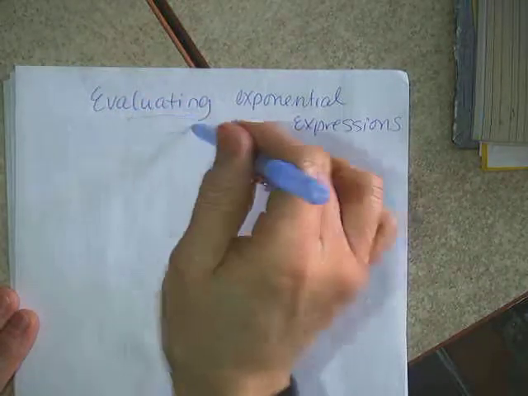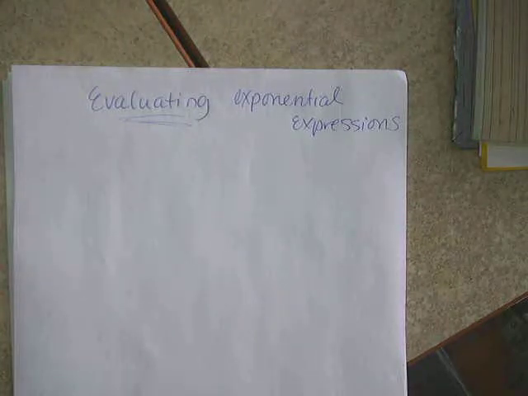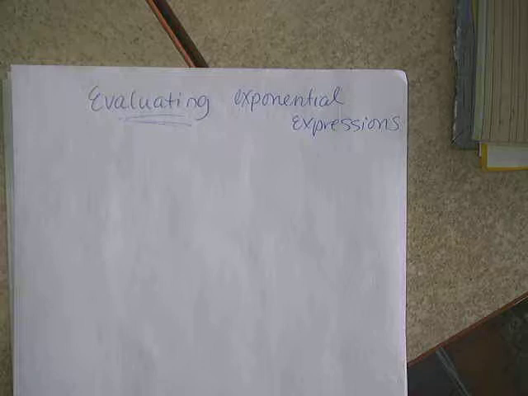So the word evaluating is different from simplifying. Simplifying, we're not adding any value, we're just fixing any minor issues. Okay, negative exponents, zero exponents, we're taking care of that. We're making it look a little bit different.